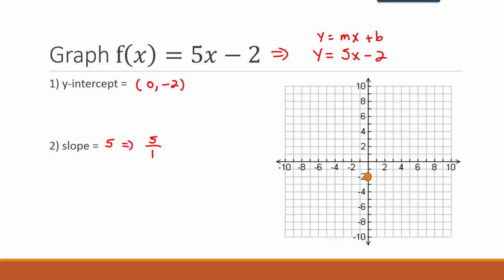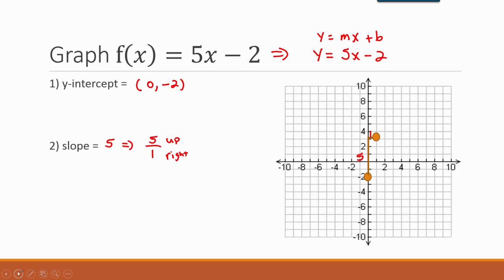Now what this slope tells me is to go up 5 units and to the right 1 unit and plot another point. We start at the first point that we plotted, the y-intercept point. Then we go up 5 places, to the right 1 place, 1, 2, 3, 4, 5, counting the origin, to the right 1, and we can plot another point.